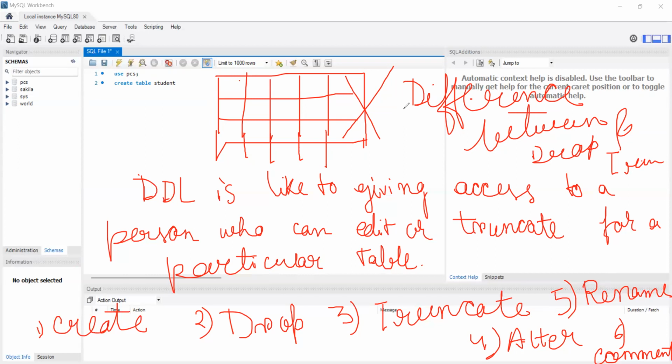Whereas truncate is used to delete the records of that particular table, not removing the table structure. This is the difference of drop and truncate.